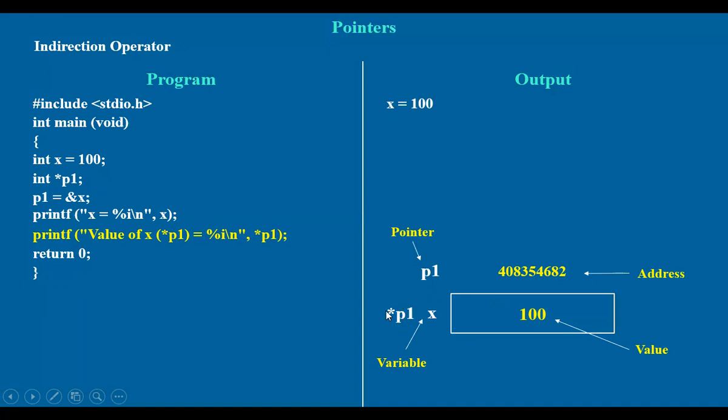That is nothing but it refers to the value here, the variable's value. Now, if you observe this, the output will be the same, 100. That means when you say p1, it is the address. When you say star p1, it is the value of that particular variable.